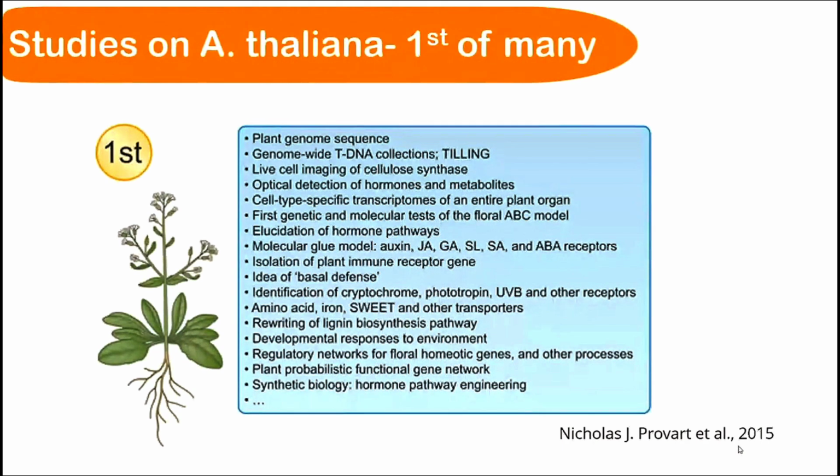Cryptochrome, phototropin, UVB, and other receptors, they were identified for the first time in Arabidopsis. The transporters, amino acid transporters, iron transporters, they were studied. Then several similar such works have been carried out for the first time in Arabidopsis only. So like we have seen so many model organisms in animal kingdom, Arabidopsis is doing a similar job in plant kingdom also.